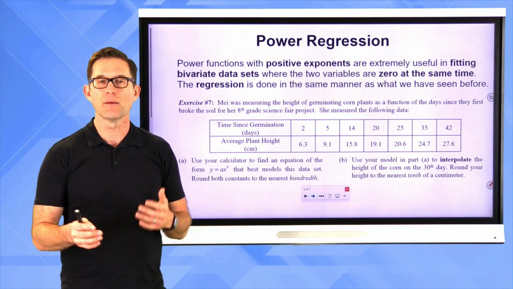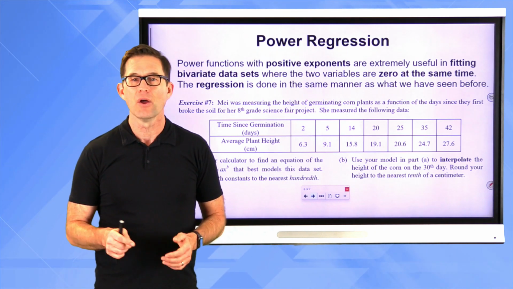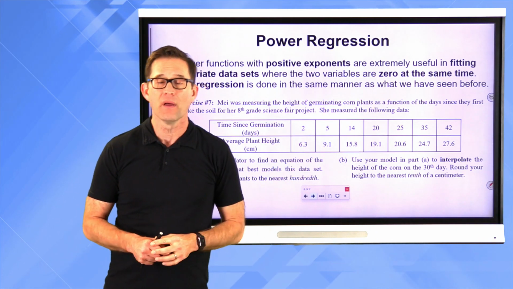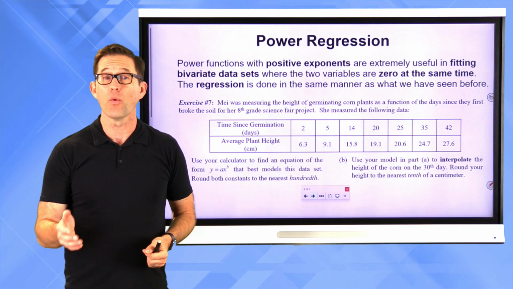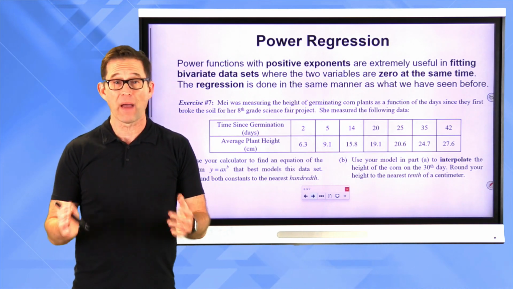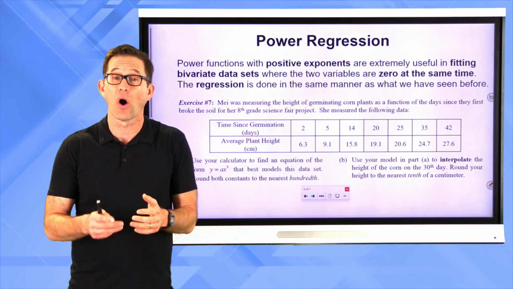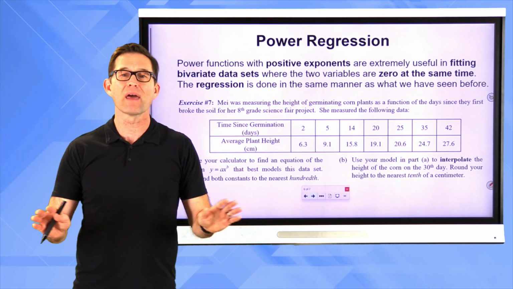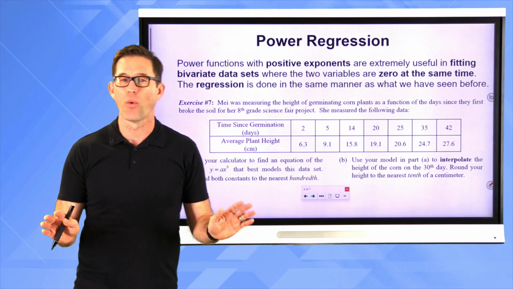So if I've got some kind of bivariate data set where the two variables are 0 at the same time, then it makes sense to try to fit it with a power function, because power functions with positive exponents always contain that point. Now the regression is done in the same manner as what we have seen before, okay?